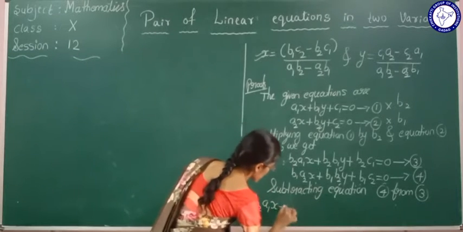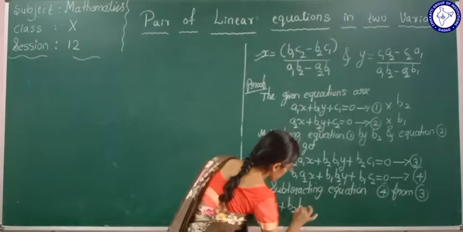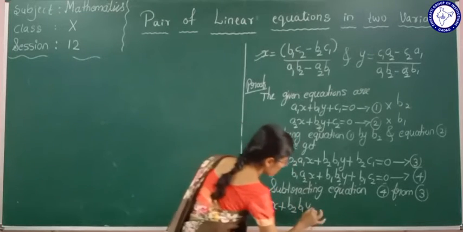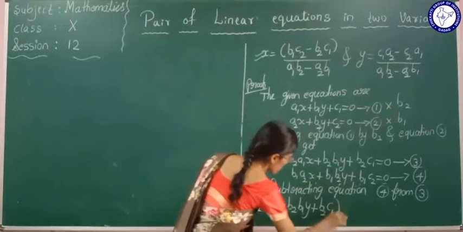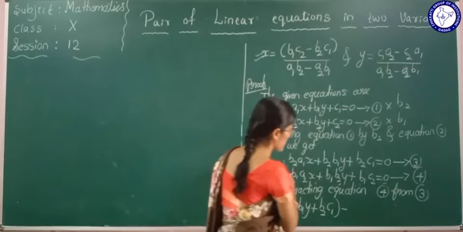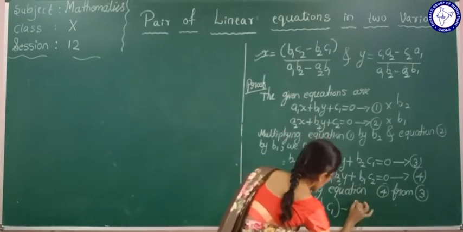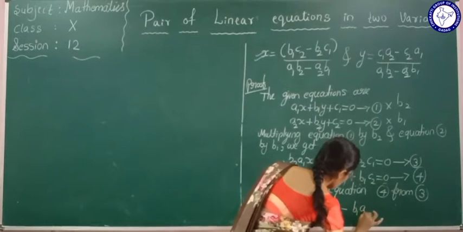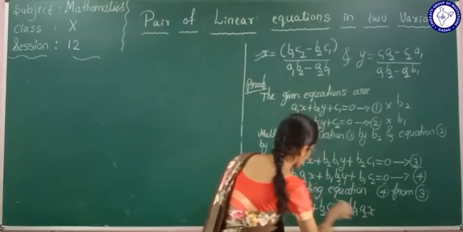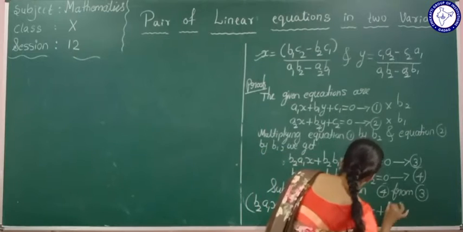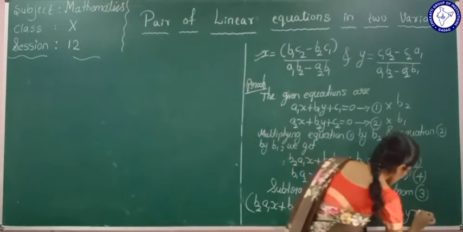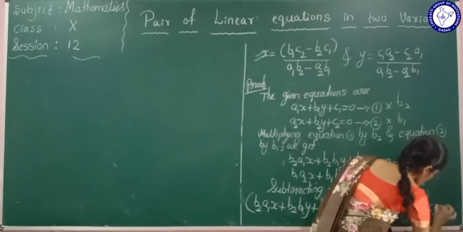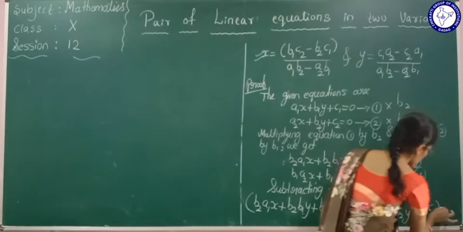We will subtract this equation, that is, b2a1x plus b2b1y plus b2c1, minus equation number 4, that is, b1a2x plus b1b2y plus b1c2 is equal to 0.